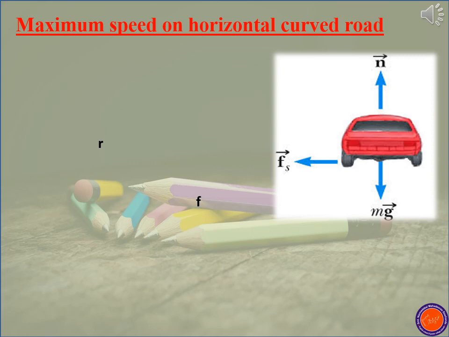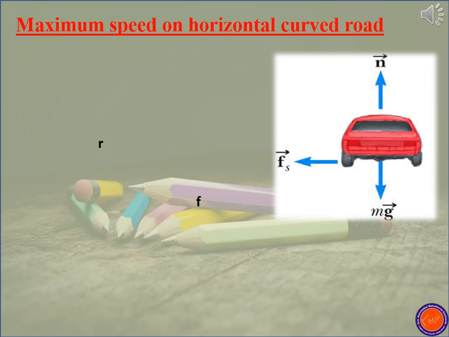Second force is the normal reaction of the road surface, denoted by N, acting perpendicular to the road surface, and hence weight and normal reaction act opposite to each other. These two forces act in the vertical plane.